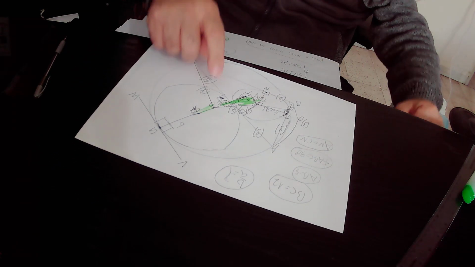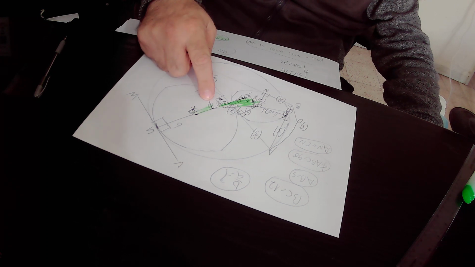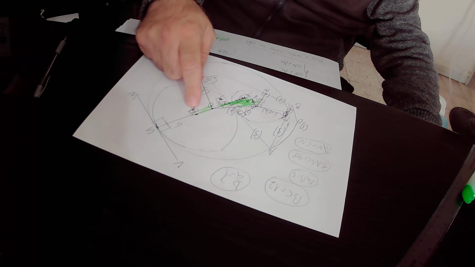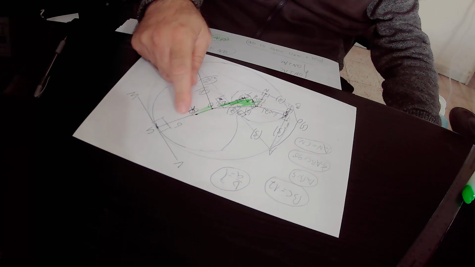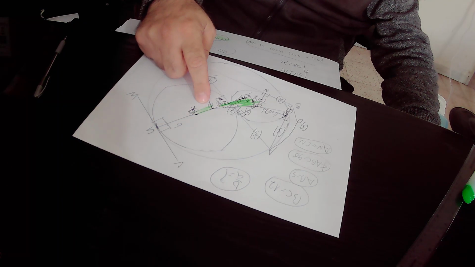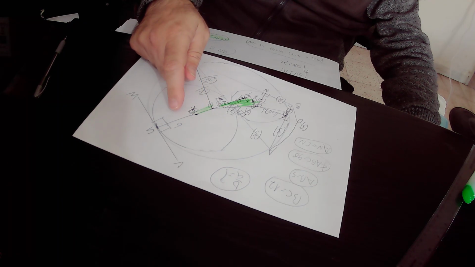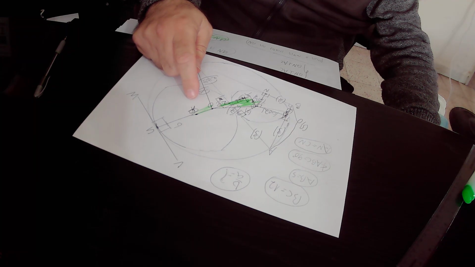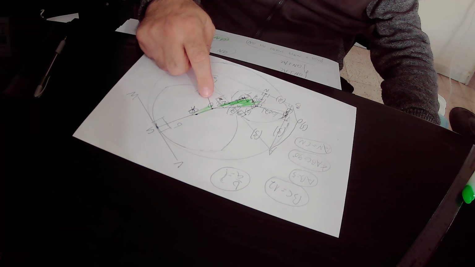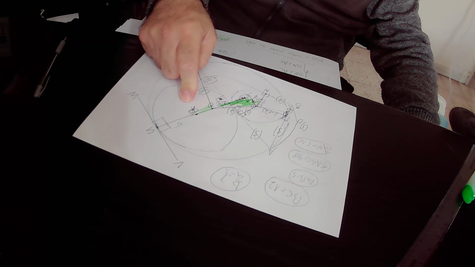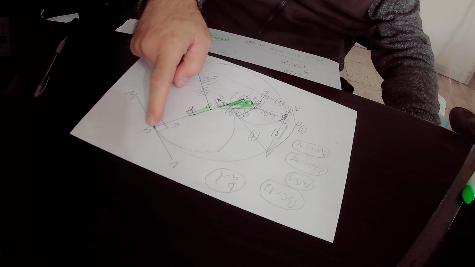Those 3 points O, Q, and U are all located on the same straight line, or OQU is one straight line. Actually, OQU must be one straight line, otherwise, if point Q is not located on OU, for example, if it is located here, then it will never make an angle of 90 degrees with VW.